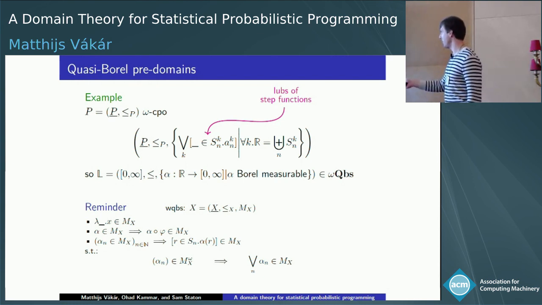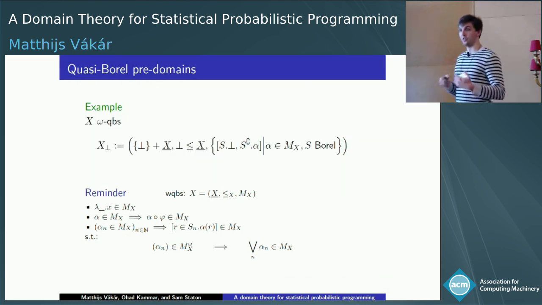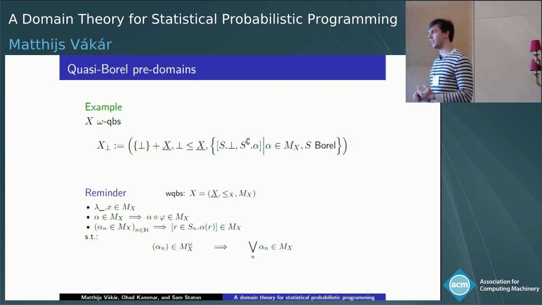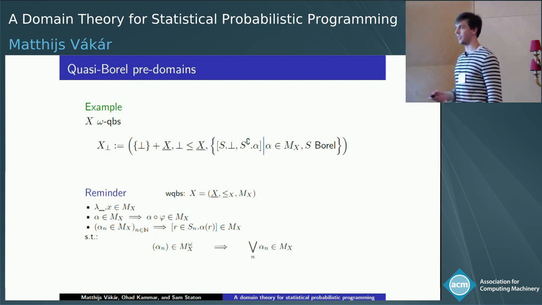So this will be our space. This L space here will become our space of weights. And note that it is linearly ordered. Another construction we have is a sort of lifting monad. So we can join a new bottom element, an undefined element to our domain, and then the random elements have to be undefined on a measurable subset. That's the idea.